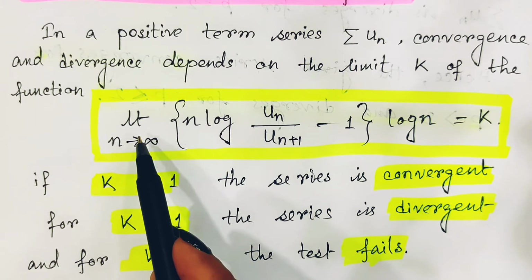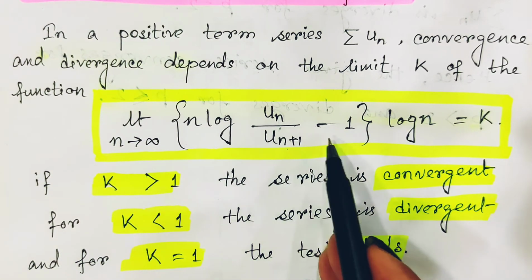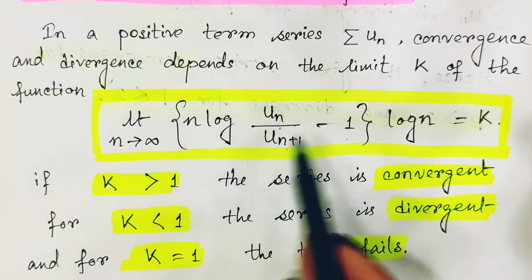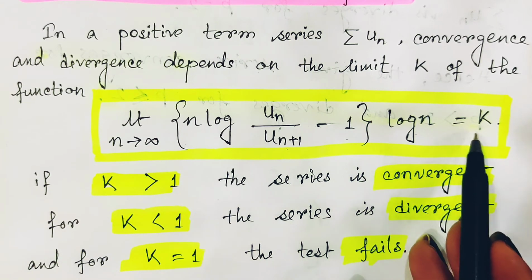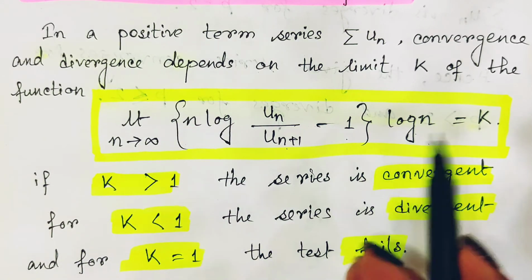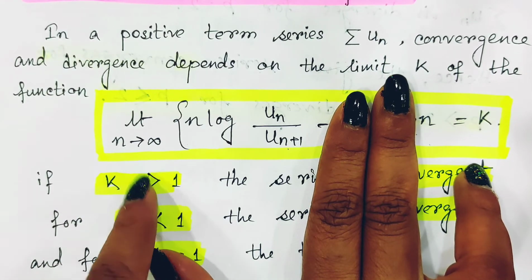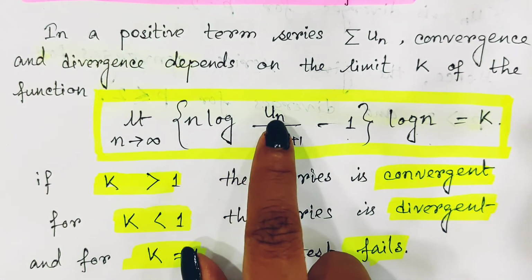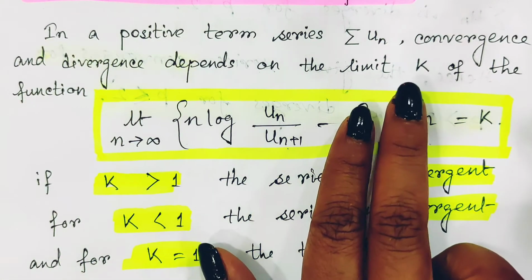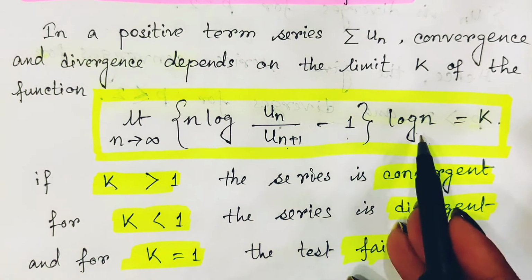It is the limit n tends to infinity n log un by un plus 1 minus 1, then whole into log n, is equals to k. We will find out the limit for this particular one. Previously we considered only the limit n tends to infinity n log un by un plus 1, but now we include these two terms here.